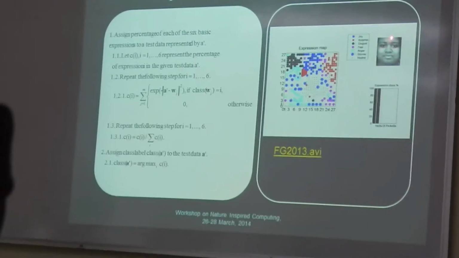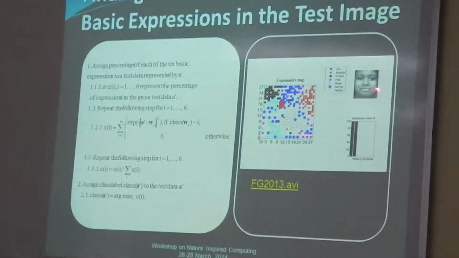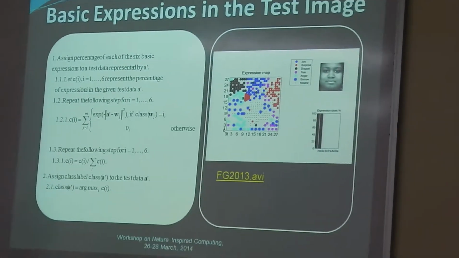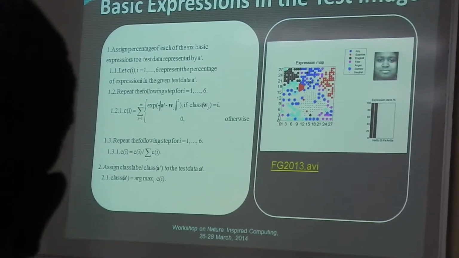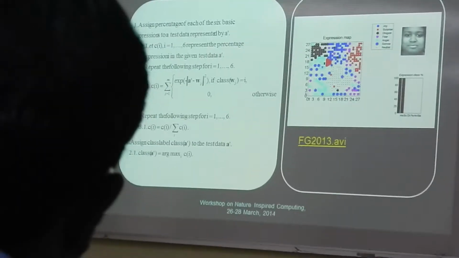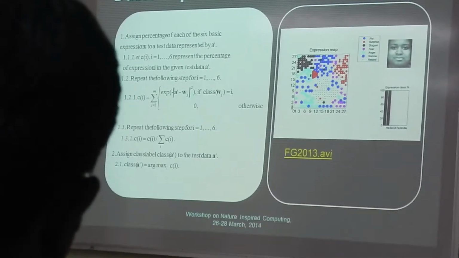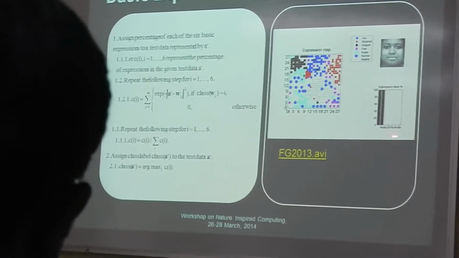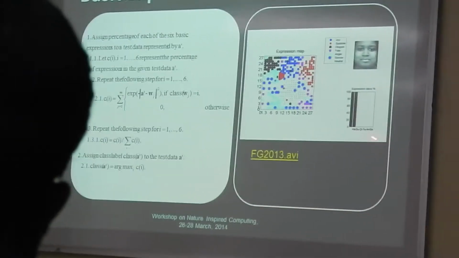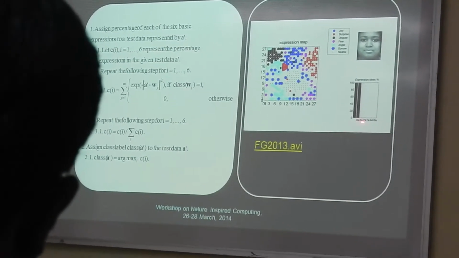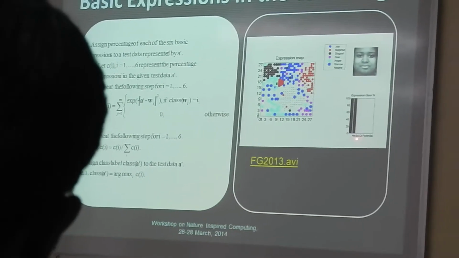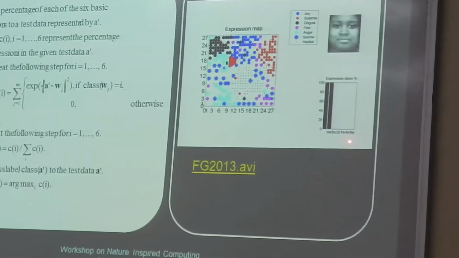Now we have one window here. When I start the video, it will show faces displaying many different expressions randomly. And this is the window. Here we have six bins, and the first one is for happiness, then surprise, disgust, fear, anger, and sadness.